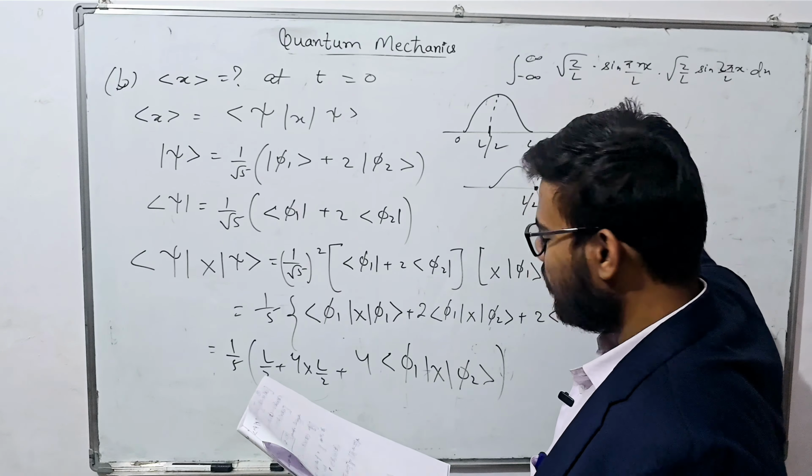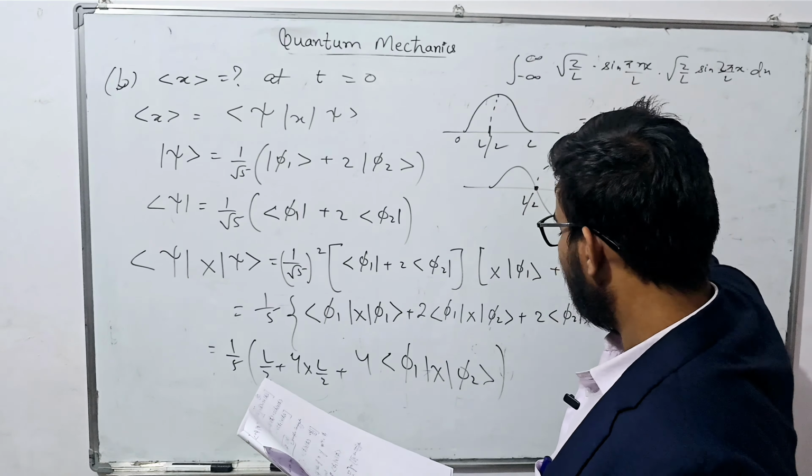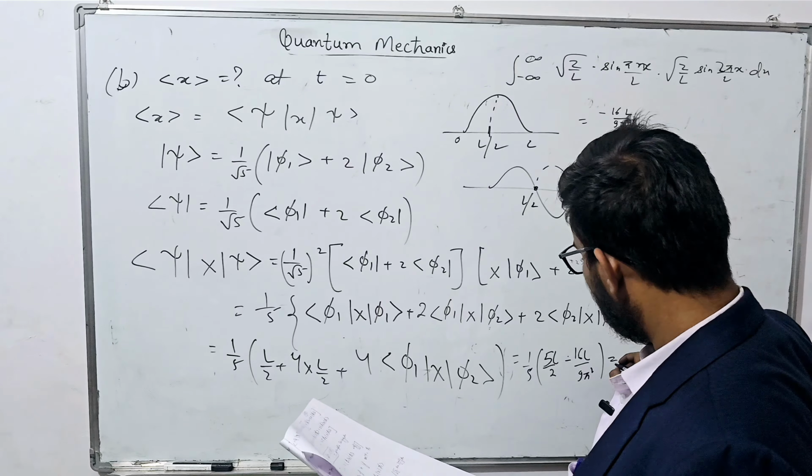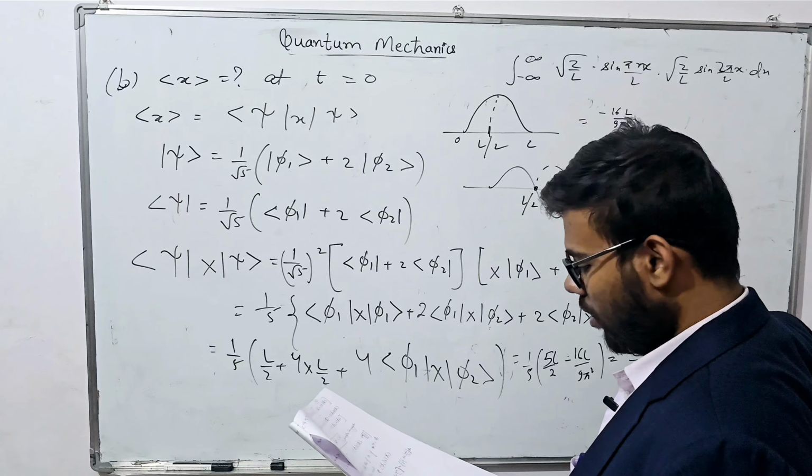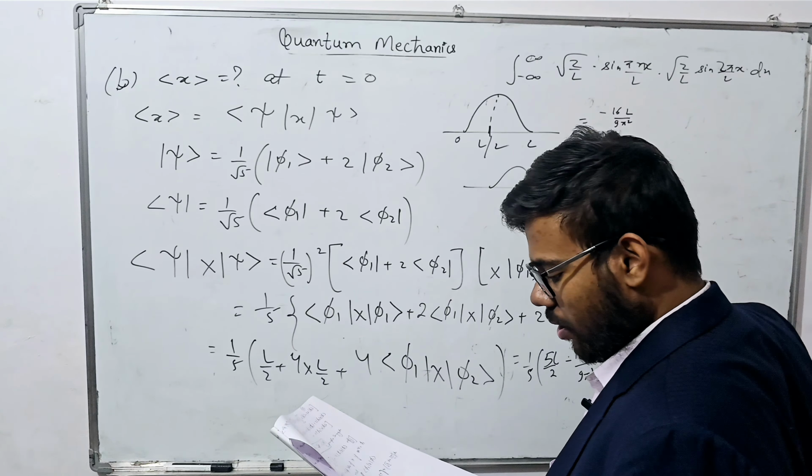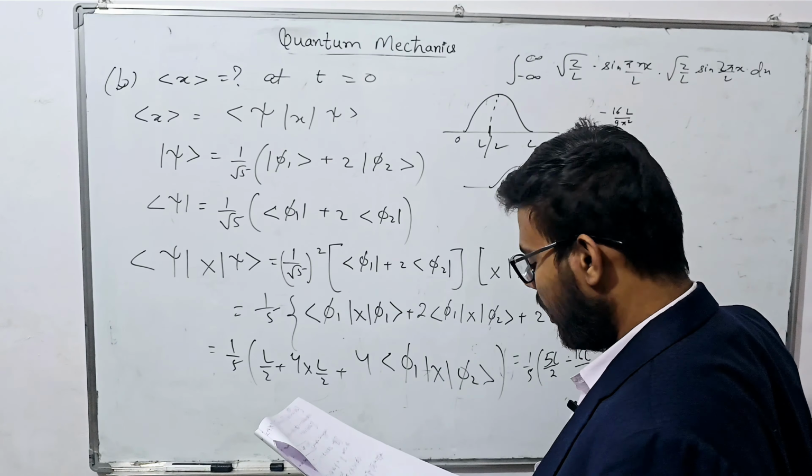You will get this. So you get 1 by 5 into 5 L by 2 minus 16 L by 9 pi square, and L by 2 minus these quantities. When you solve, you will get whatever result. This is the final answer which you will get. Okay?